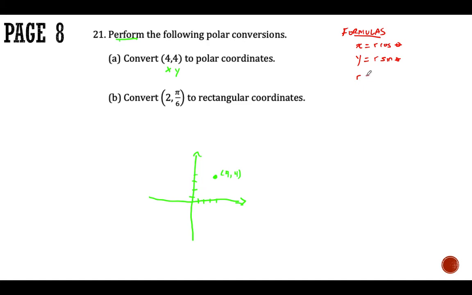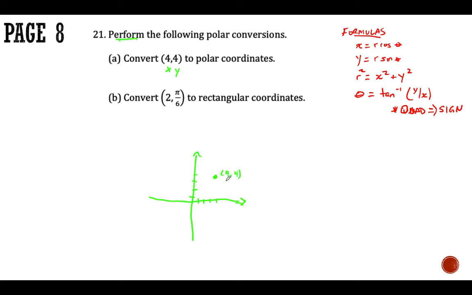The radius, shocker, hello, Pythagoras, you're back. The radius squared is equal to x squared plus y squared. Theta is equal to the inverse tangent, which you studied in Algebra 2 and pre-cal, of y over x, with the fine print that you have to think about the quadrant that you are in. So you make sure you have the right sign.